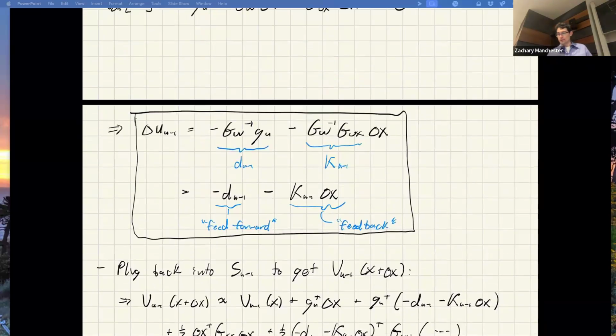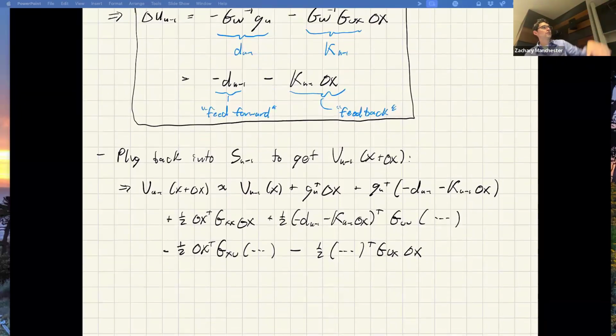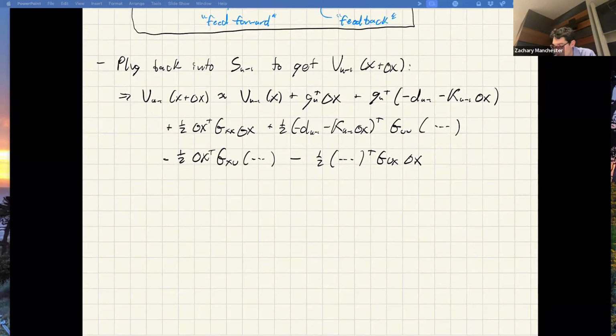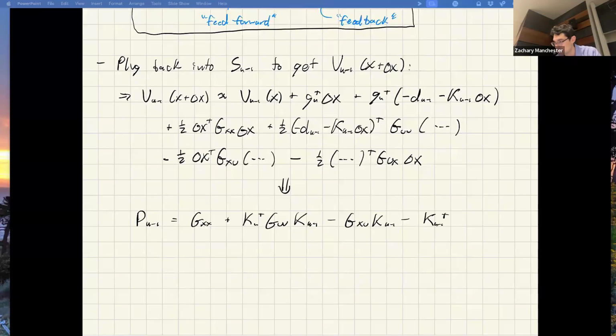So I just plug it back into this thing up here. Wherever there was a delta u, I'm plugging in this definition of delta u that we just got, the optimal one. And then what this is telling you now, if I stare at that and pick out the big P and the little p from that, I now have P_{k-1} is G_xx plus K transpose G_uu K minus G_xu K minus K transpose G_ux.